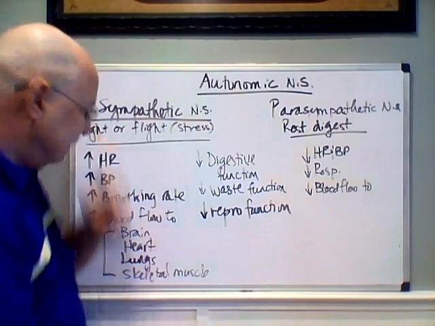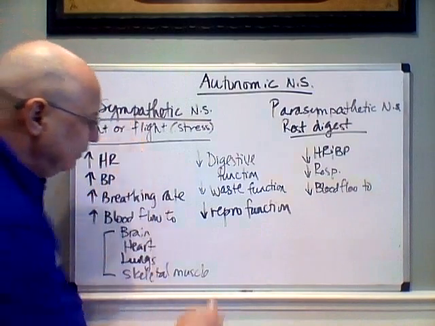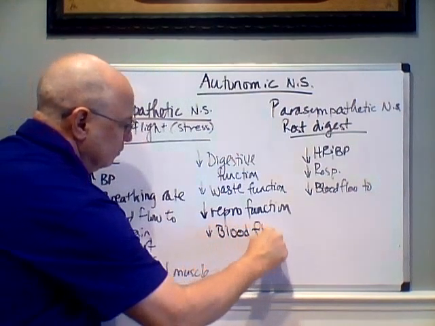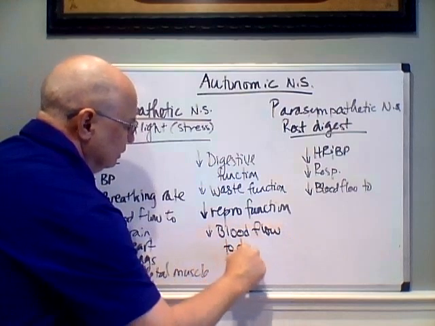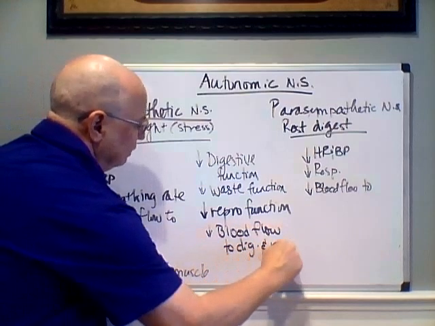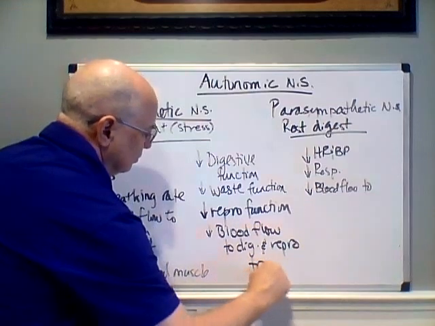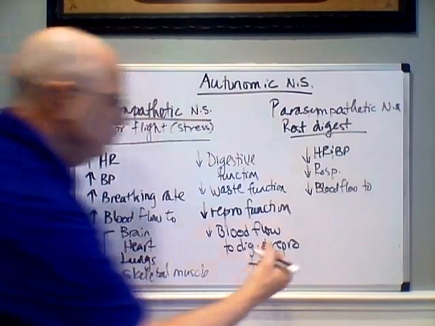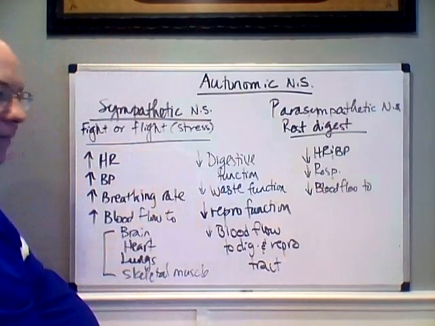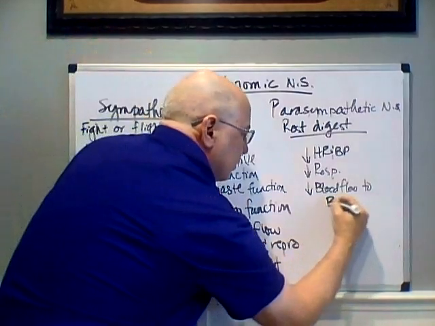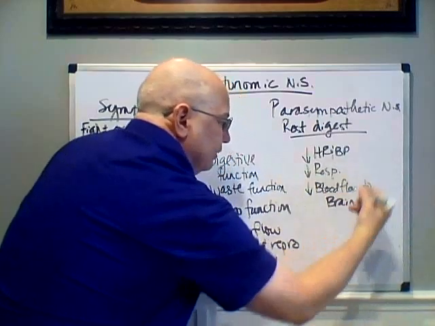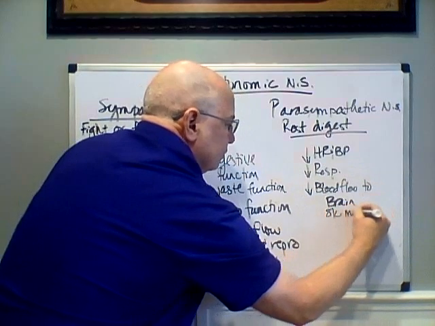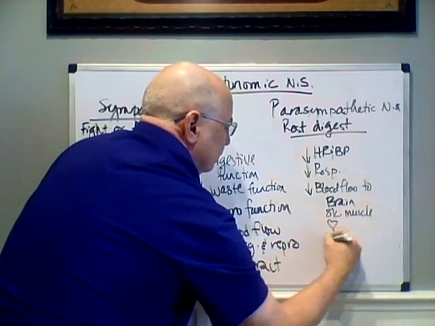And one of the things I should say is that under the sympathetic nervous system, it will decrease blood flow to the digestive and reproductive tracts and the urinary system as well. So once I know these functions, I know these functions. It'll decrease blood flow to the brain and to skeletal muscle, to the heart, and to the lungs.